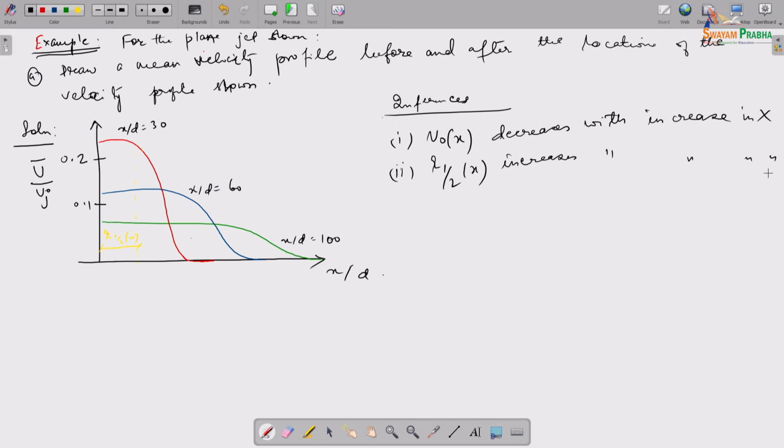So what you see here is that these three profiles that I've drawn are changing in x, but they don't change their shape.